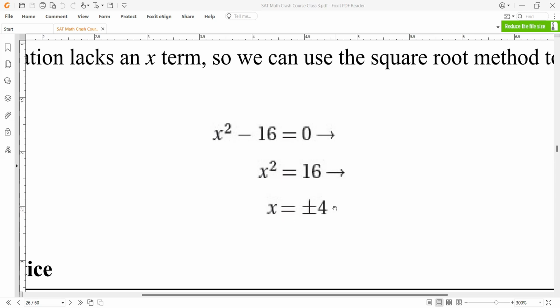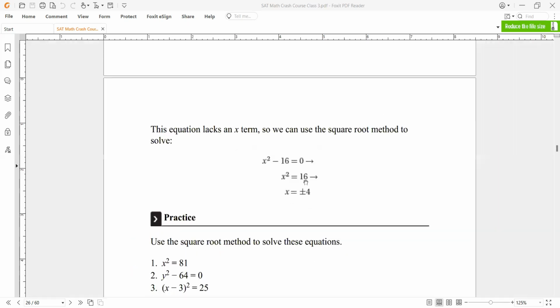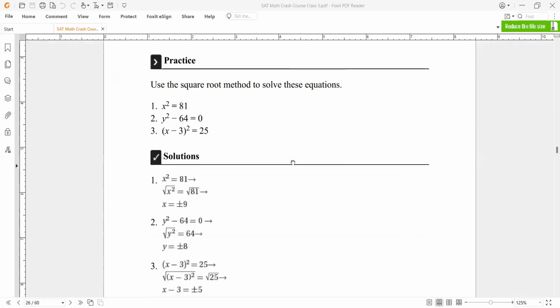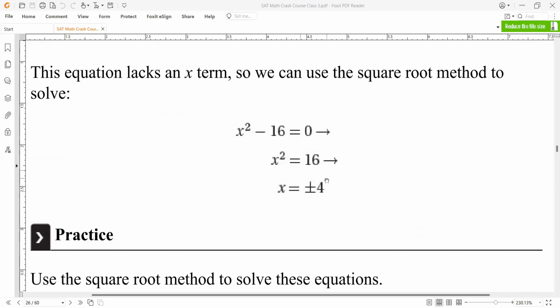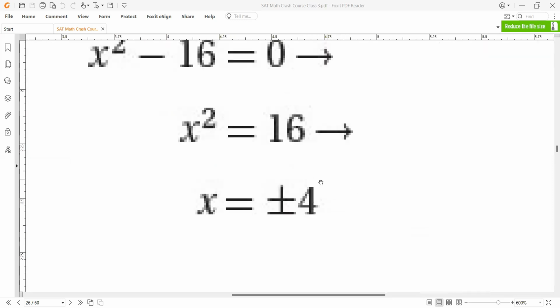So x equals plus minus 4 means that the value of x is positive 4 or negative 4. You got it? Okay. Please don't make that mistake. We are writing plus 4 or minus 4 simultaneously, just representing it shortly in a very simple, packaged term.